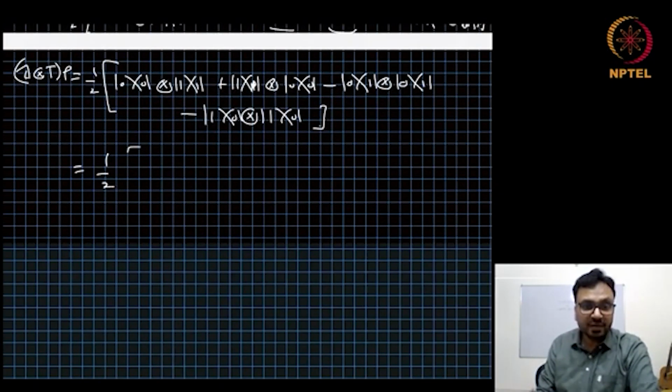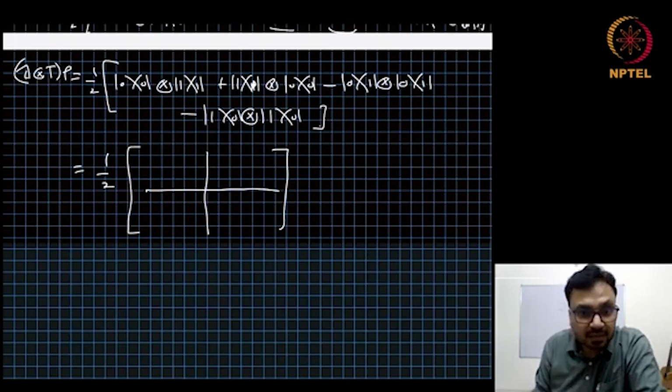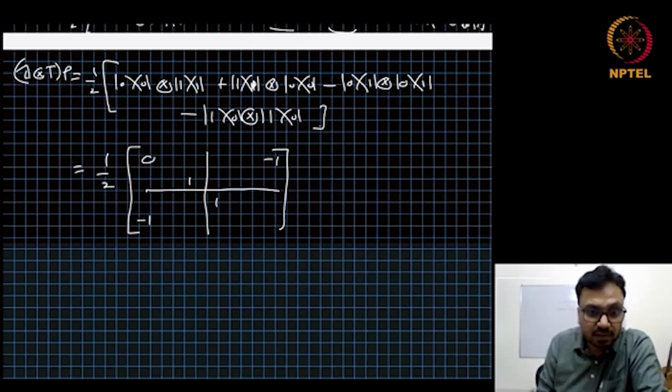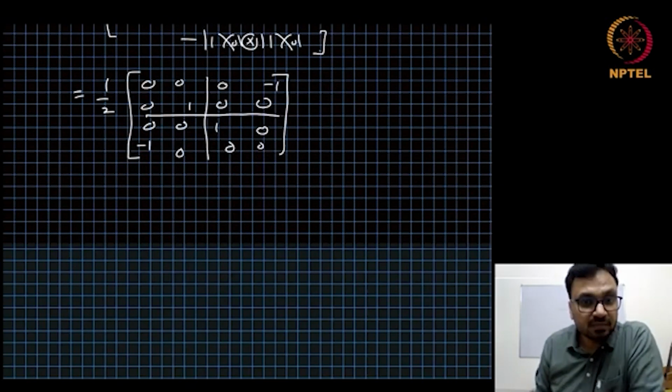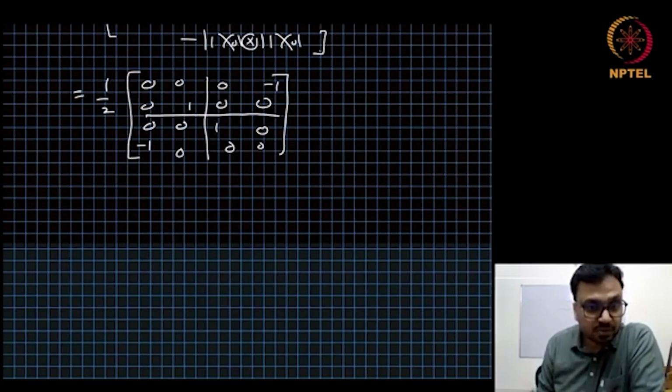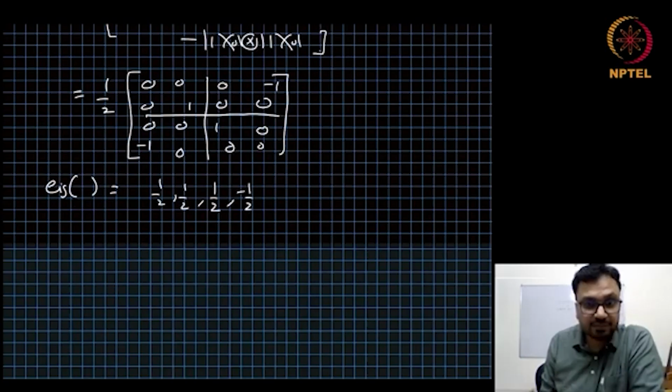If we write the matrix form of it, we get the matrix with 1, 1, minus 1, minus 1 on the diagonal blocks, and zeros elsewhere. This will be the matrix of this partial transpose of rho, and if we find the eigenvalues of this, they will be half, half, half and minus half.